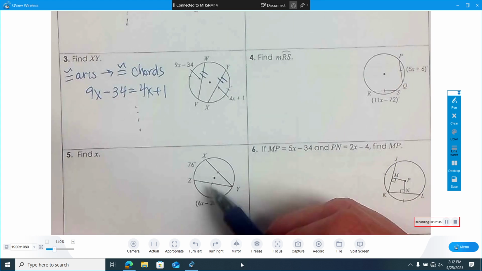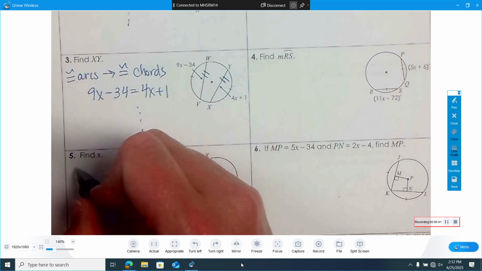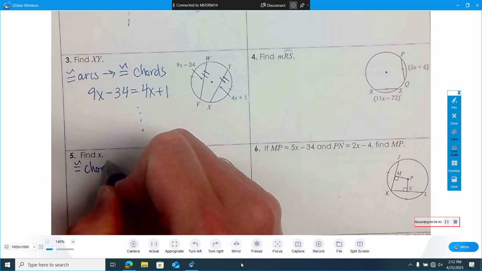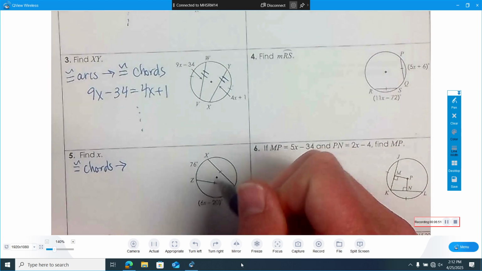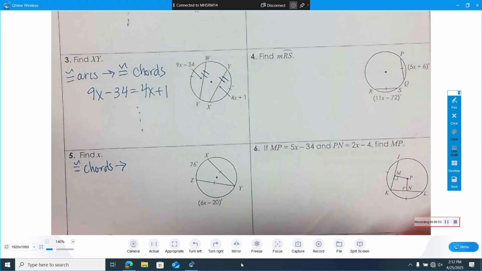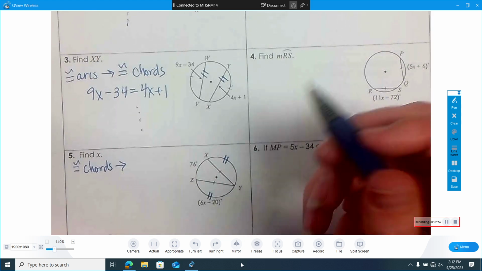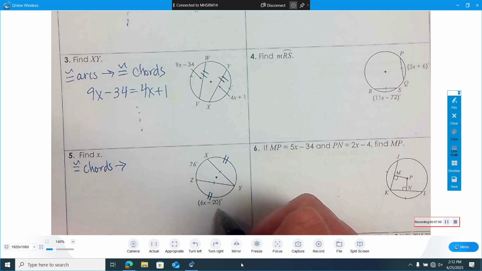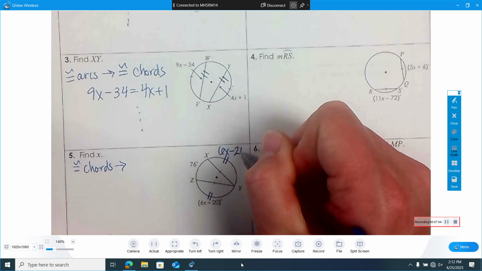What's marked congruent in our picture here? Chords. All right, we got congruent chords, which means we have congruent arcs. So if one arc is 6x minus 20, what's this other arc? 6x minus 20 as well.